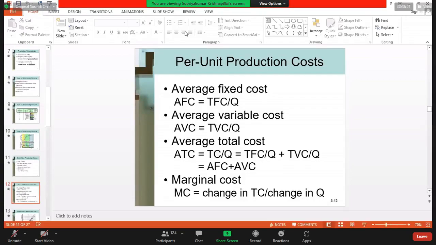So the change in total cost or change in total variable cost for the change in quantity is the marginal cost. Marginal means additional, extra.